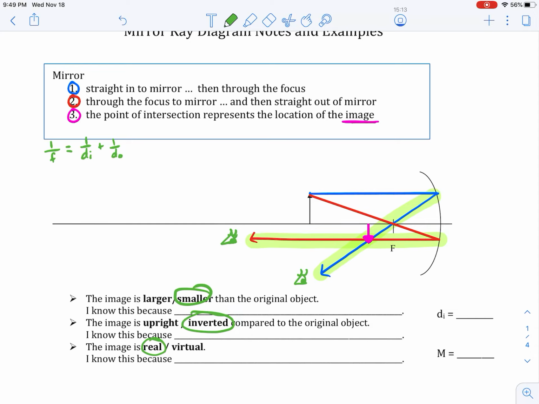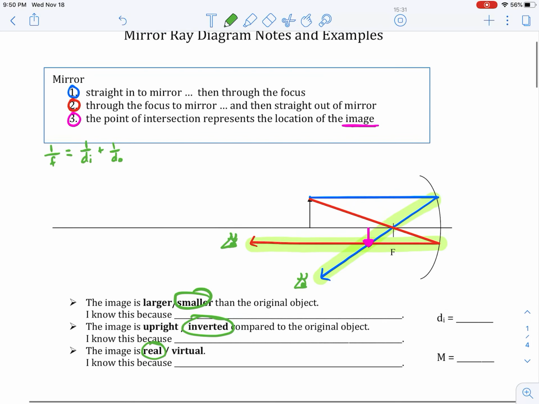We are going to calculate where our image should be located, because the paper that you received gave you the focus and the distance to the object. All you have to do is measure those with your rulers, and you know what those values are. The only unknown was where the image should be located.